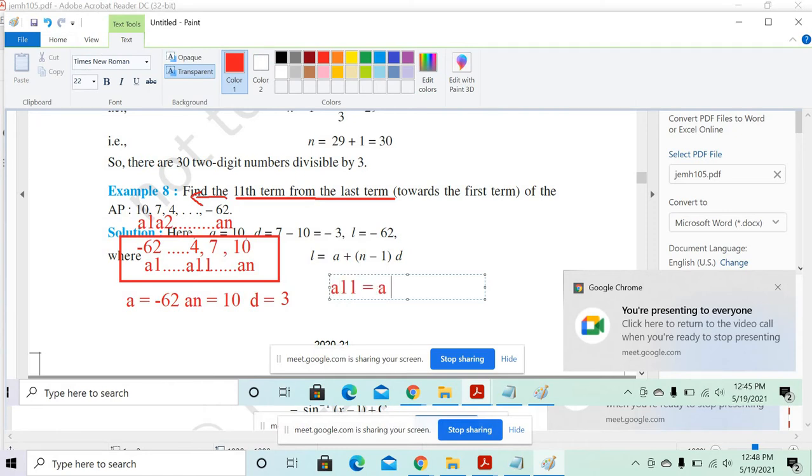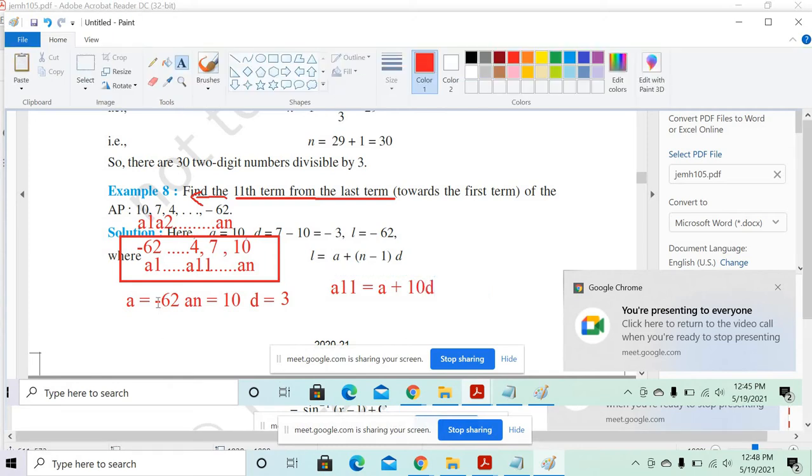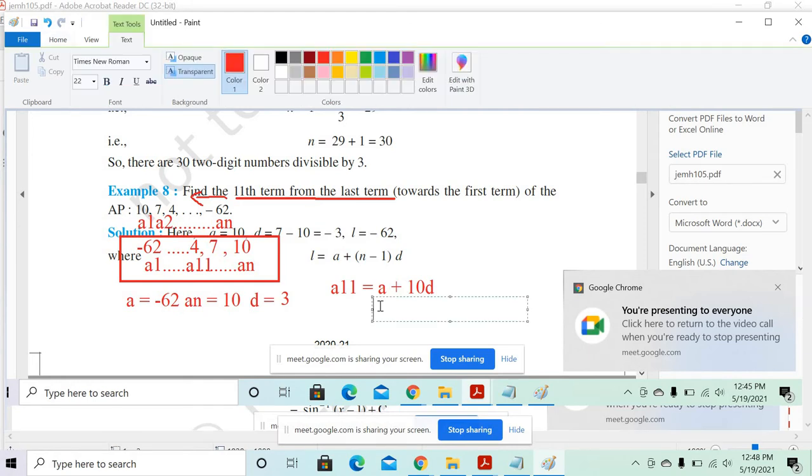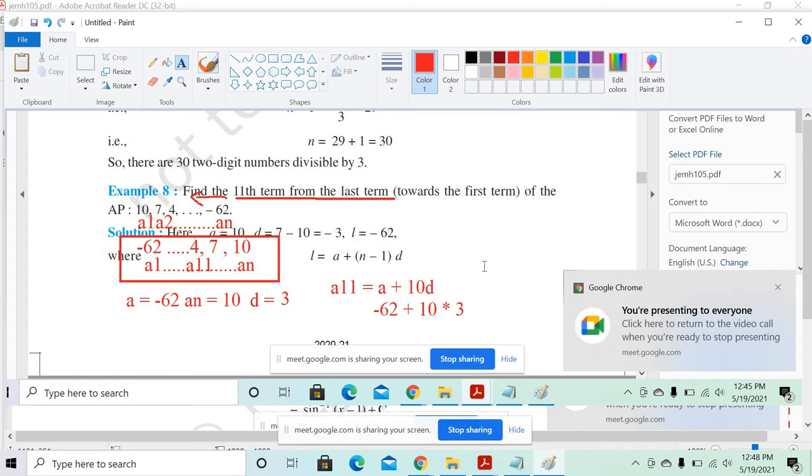A11 is equal to A plus 10D, correct? So A is there, D is also there. You can find the 11th term, isn't it? A is minus 62 plus 10 into 3.